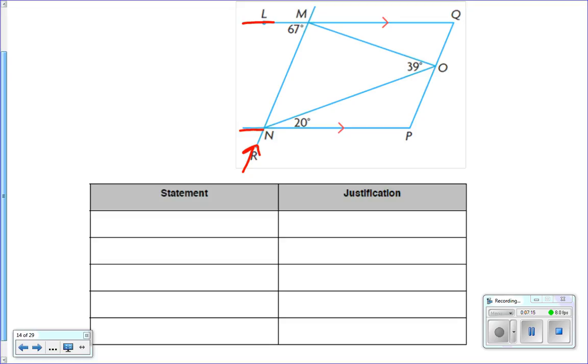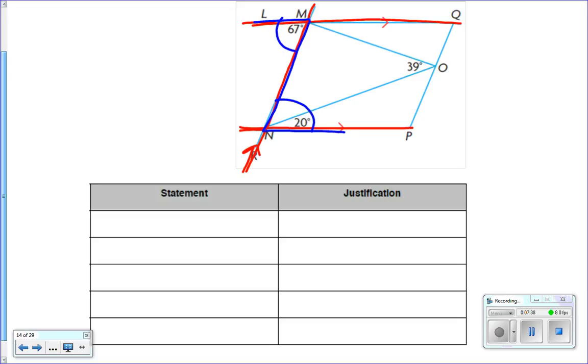So if I just take a look at this parallel line and this transversal, hopefully what you guys can see is the Z rule. If this is 67, then this whole thing must be 67 as well. And we can actually use that to help us solve for one of those angles.